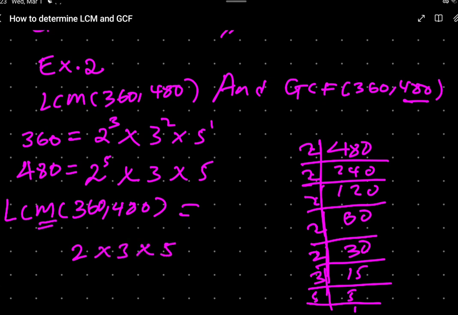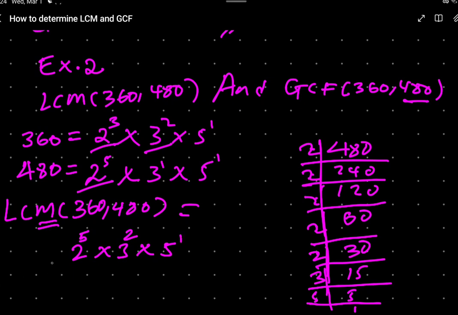In the case of the multiple, you give the maximum power for the prime numbers. You have 2 to the power of 3 here, you have 2 to the power of 5 here, the maximum power is 5. You have 3 to the power of 1 here, you have 3 to the power of 2 here, you take the 3 to the power of 2, and you have 5 to the power of 1 in both cases, so you just put 1.